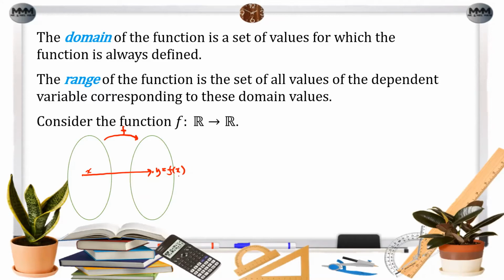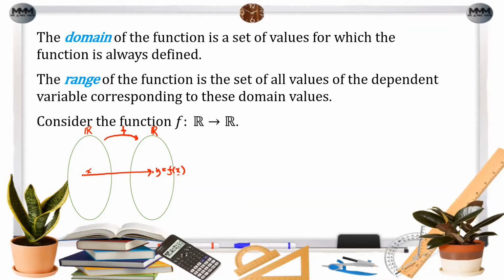Now take note here that x is the value for our domain R. So we have the domain R here. Then the codomain is still R, the set of real numbers.